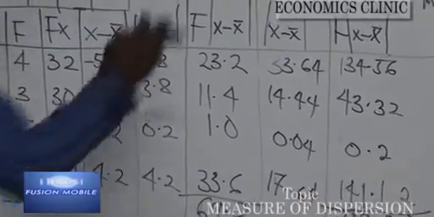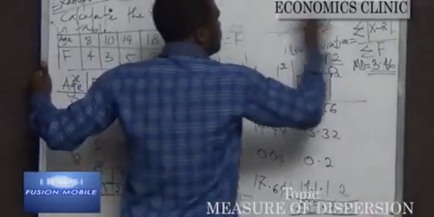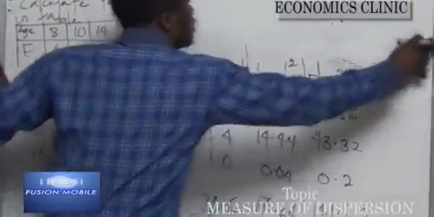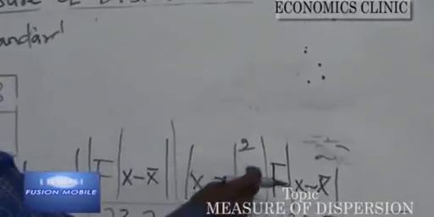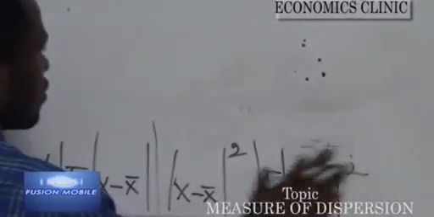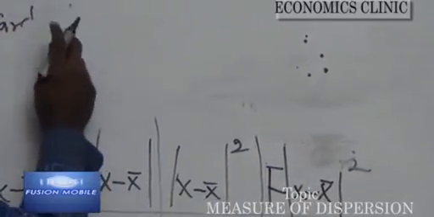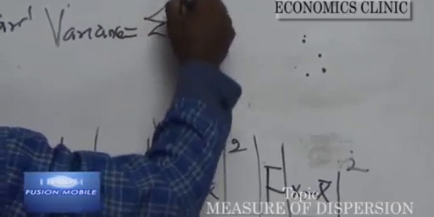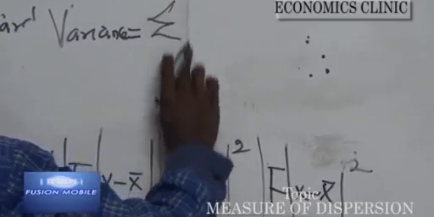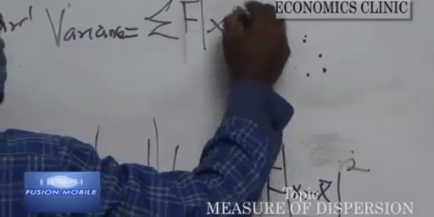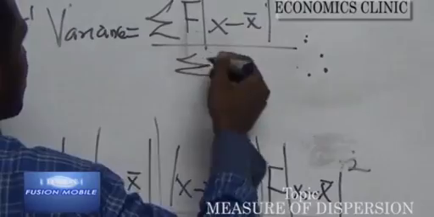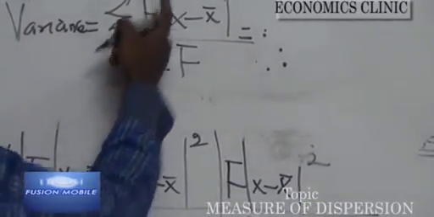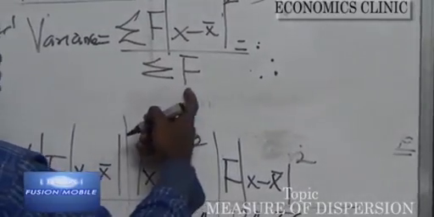Now to solve for variance. Excuse me. So variance will be equal to summation f modulus x minus x bar raised to power 2 divided by summation f.